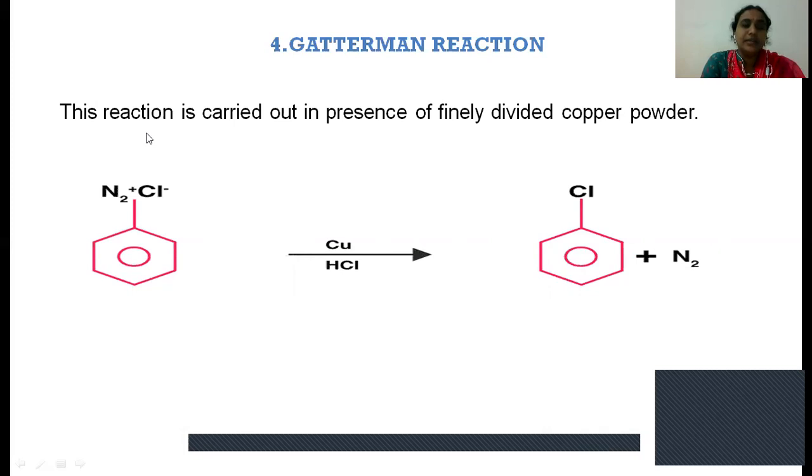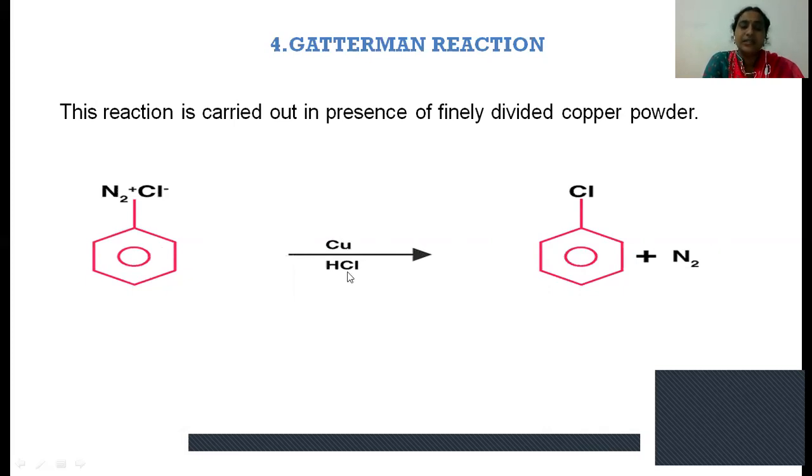In this reaction also, benzene diazonium chloride reacts with finely divided copper powder in the presence of HCl. Here the copper powder acts as a catalyst.